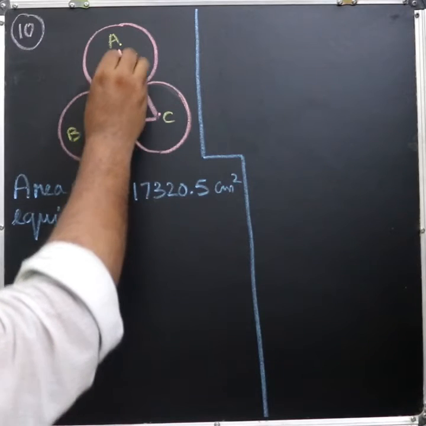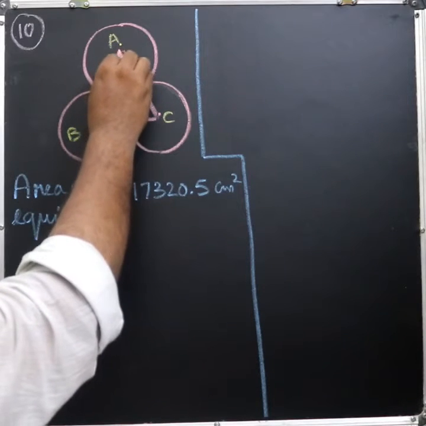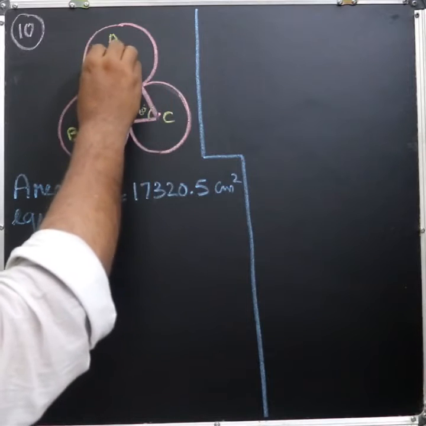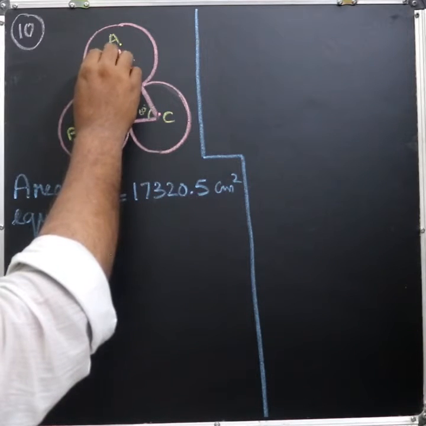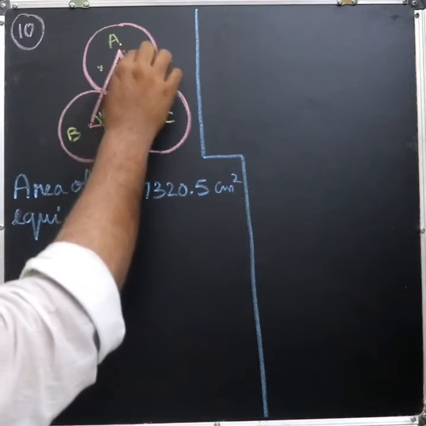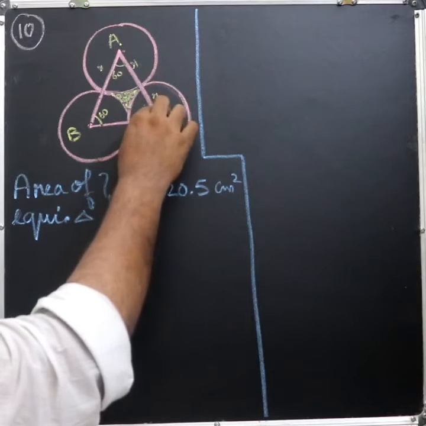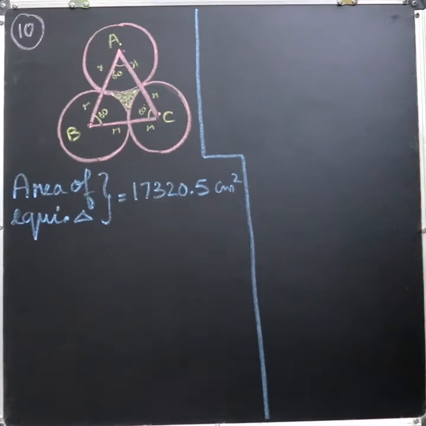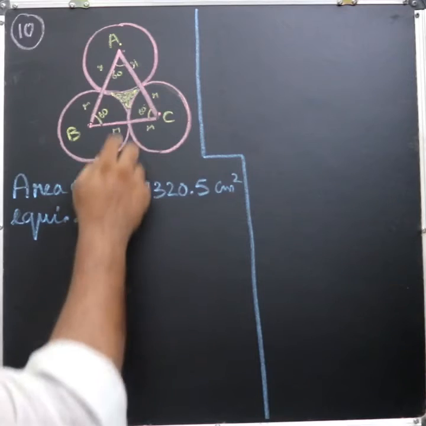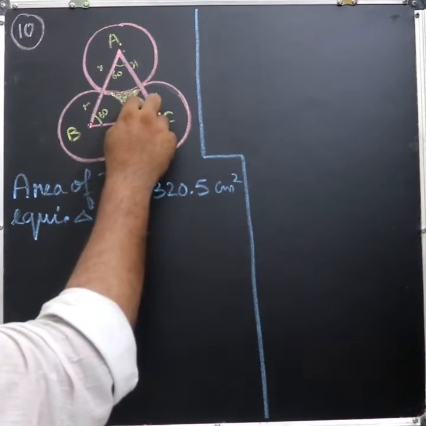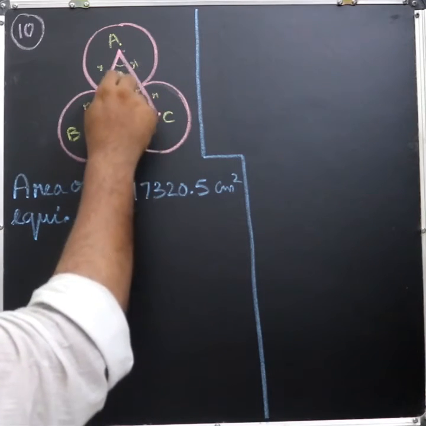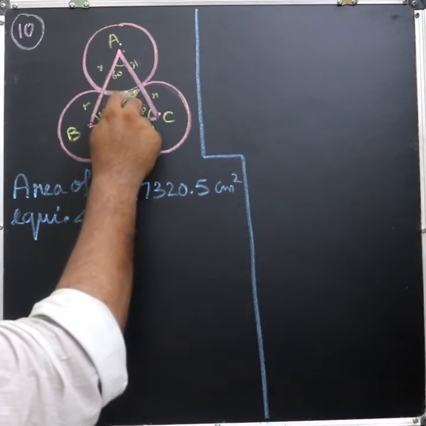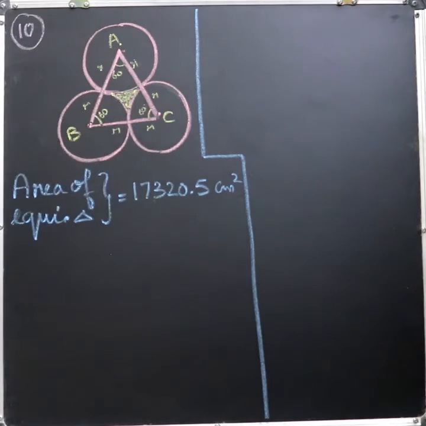All the angles are going to be 60 degrees. And since it is an equilateral triangle, all these sides have the same measurement, the same radius. So if we can find the area of one sector, then multiply by 3, we will get the total area of all three sectors. From the area of the triangle, if you subtract that, the remaining area is going to be this shaded region.